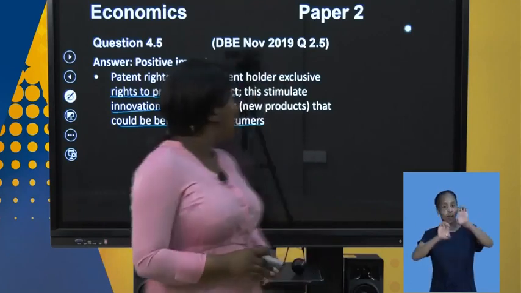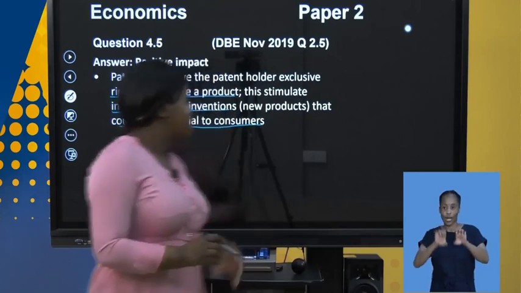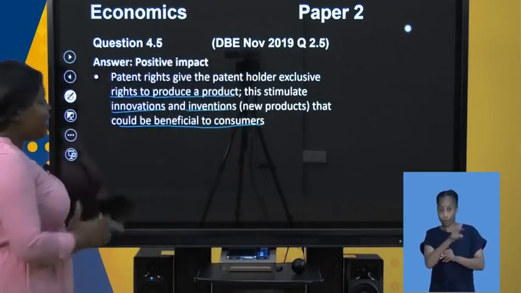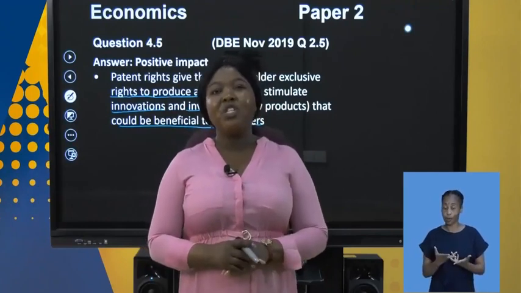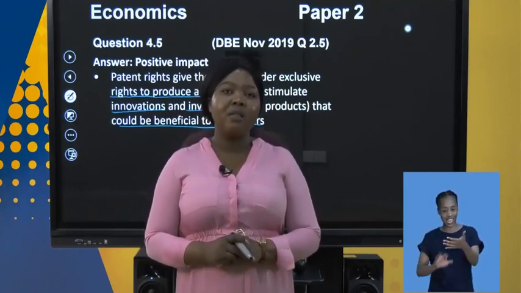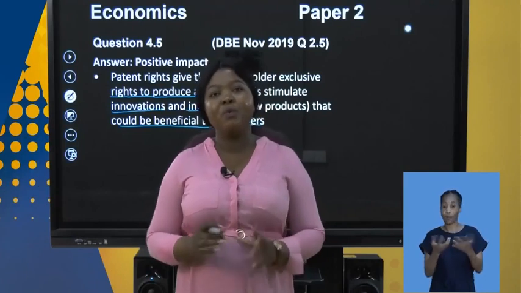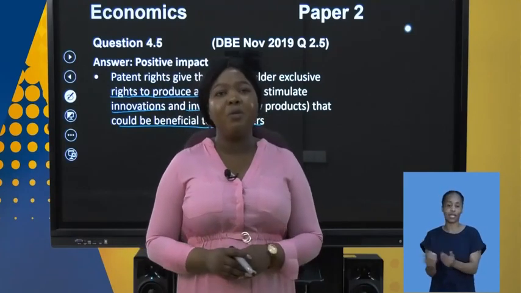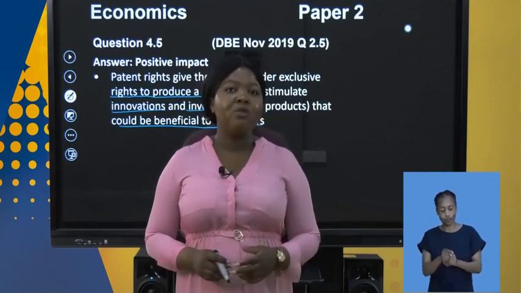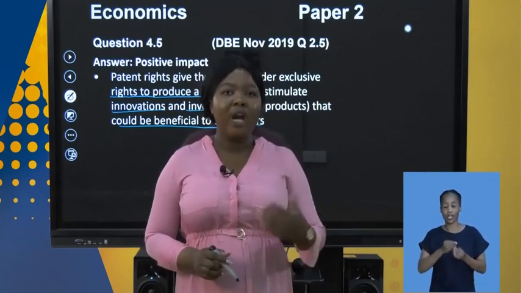Right, before I go, boys and girls, I need to just explain quickly to you guys that you need to be comfortable with the typical essay questions that you can expect in your final exams, especially as far as paper 2 is concerned. Remember, there is a lot of drawing you can expect in your paper 2. So I encourage you, boys and girls, to be very comfortable with your graphs, right?